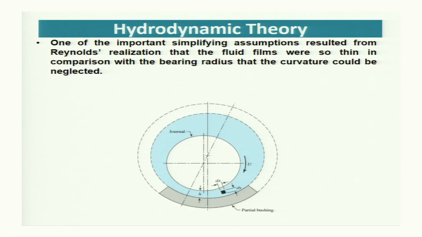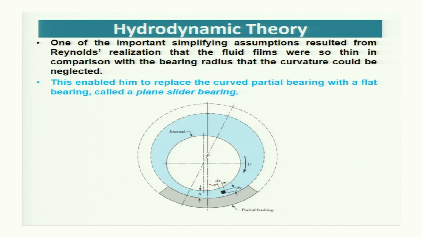One of the important simplifying assumptions resulted from Reynolds' realization that the fluid films were so thin in comparison with the bearing radius that the curvature could be neglected. This curvature can be neglected, and so this can be modeled with the help of a planar bearing like this.